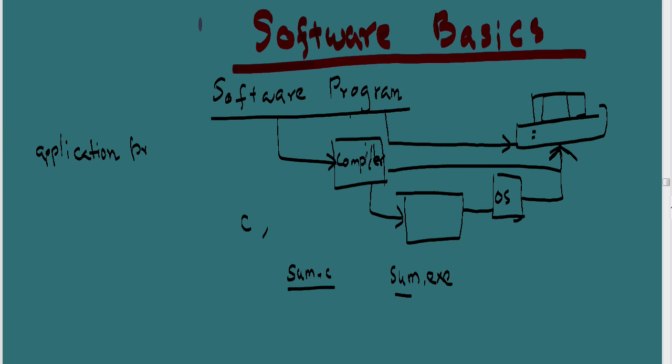Okay, so application program. So here we have an application program, let's say, which is sum.c. Then you have your C compiler for Windows.